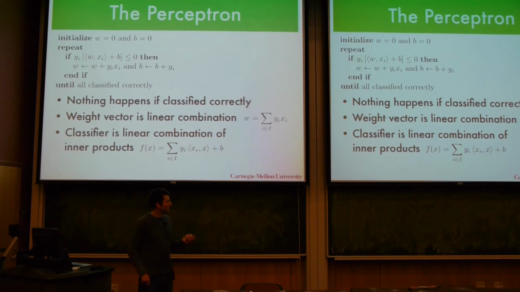Because later on these will actually be rather funny terms. And then finally, as for the classifier itself, if I have this expansion here, I can plug it in here, and I get this linear expansion.